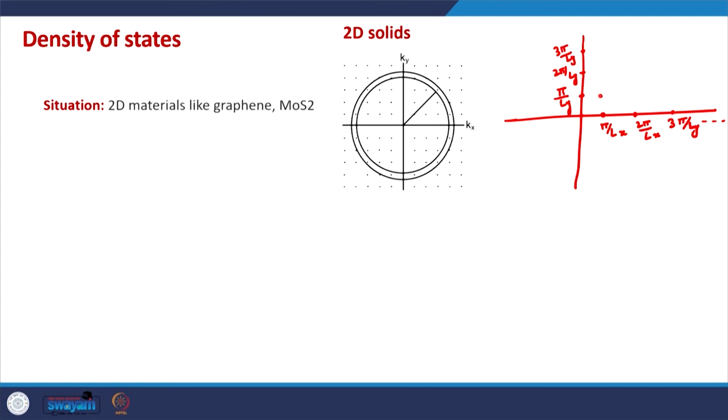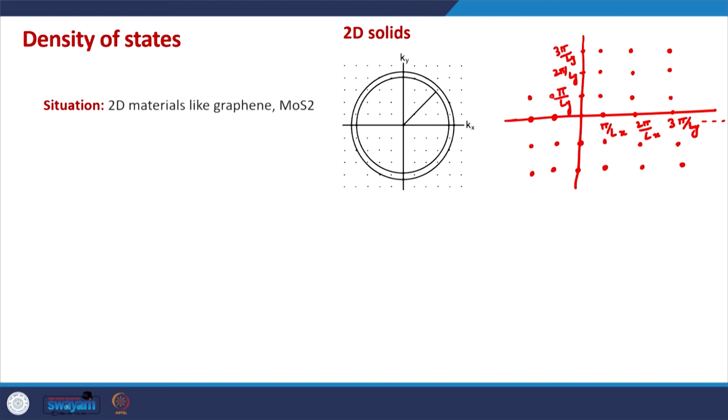Combinations of these points will also be valid solutions of the Schrodinger equation in the 2D case. So, these points drawn on the screen will be the allowed solutions of the electronic wave function.